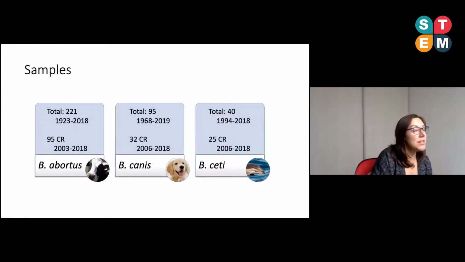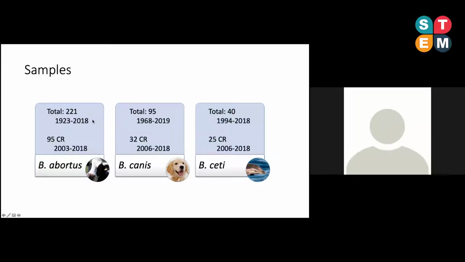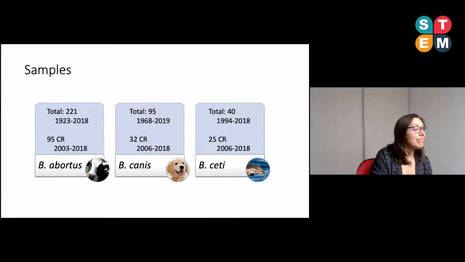So we analyzed our Costa Rican isolates in the whole worldwide context by performing all the phenotypic characterization and also sequencing our isolates, and we used the genomes that were available in public databases, like NCBI.